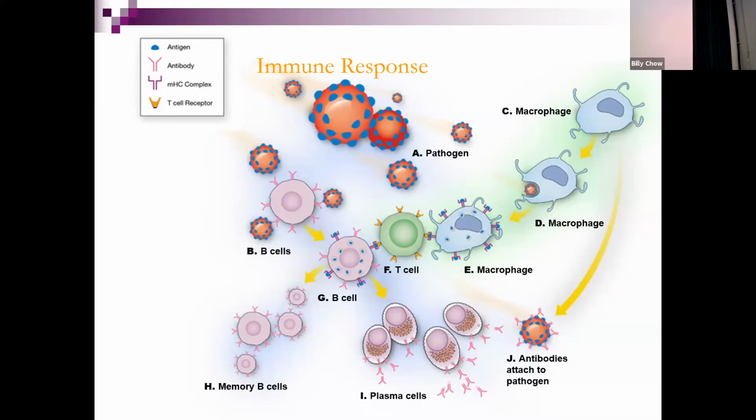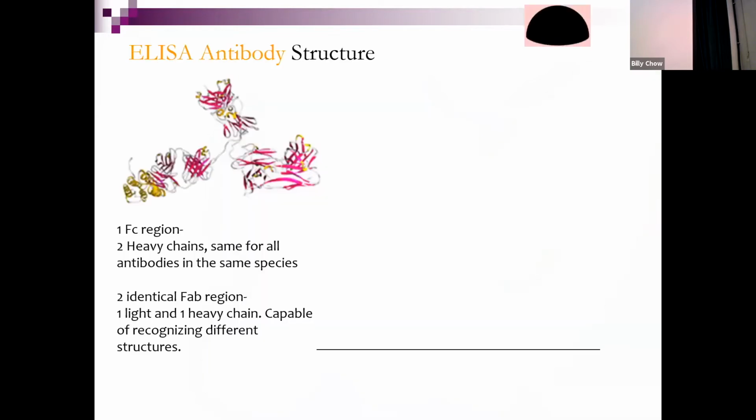The memory B cell is for the memory, so that when the pathogen invades again into your body, it will produce the antibodies very quickly, protect you. But anyway, the antibody response is your body trying to protect you from foreign molecules invading the system.